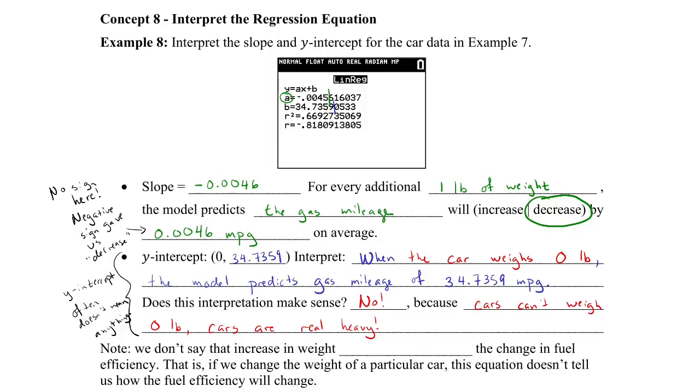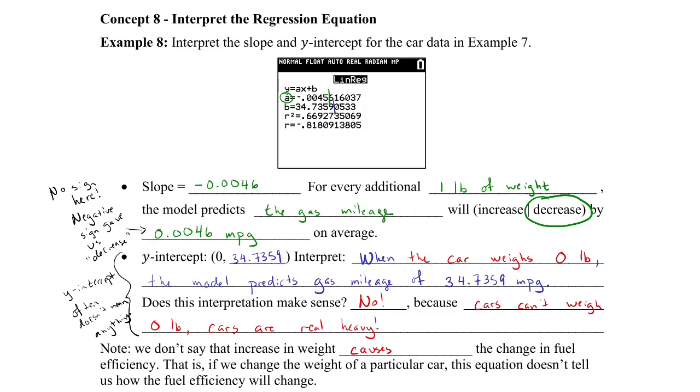We're not saying that an increase in weight causes the change in fuel efficiency. What we're saying is that we predict that a heavier car will be less fuel efficient.